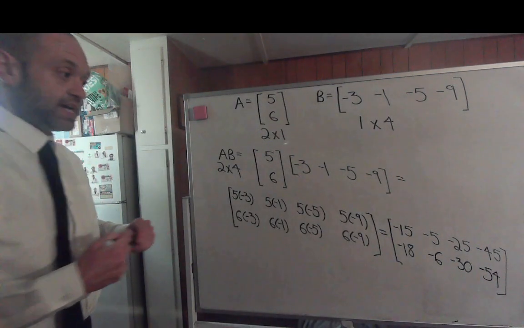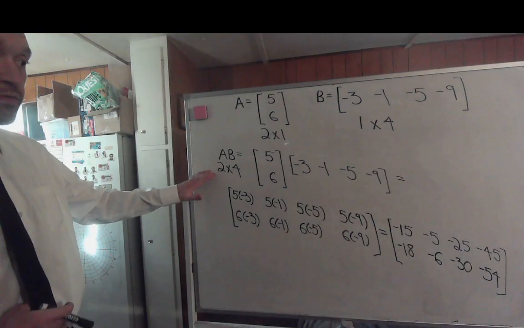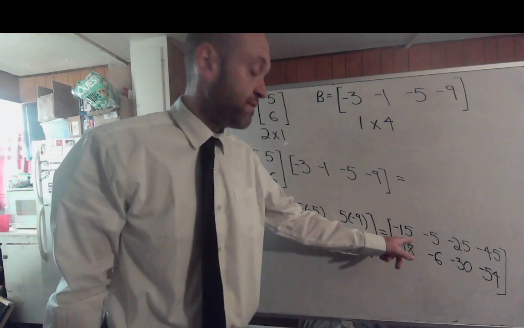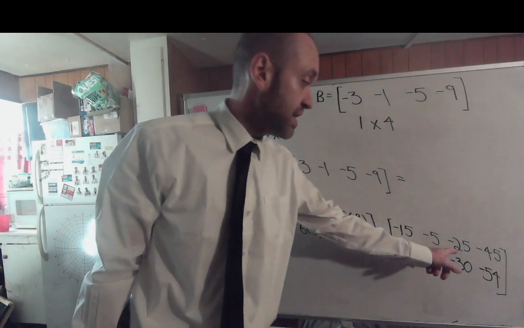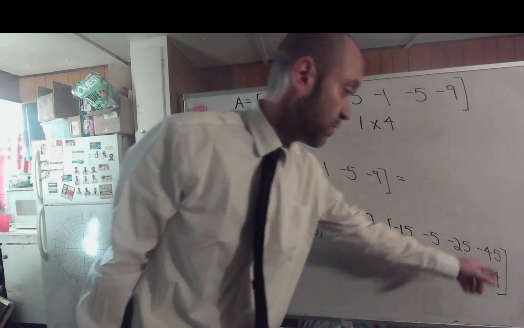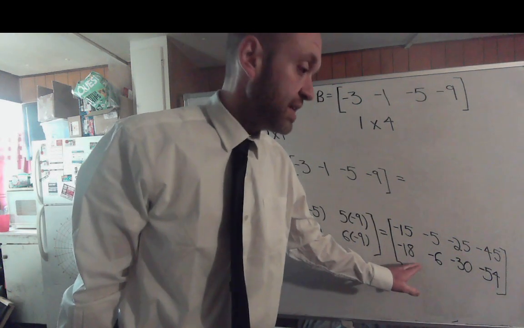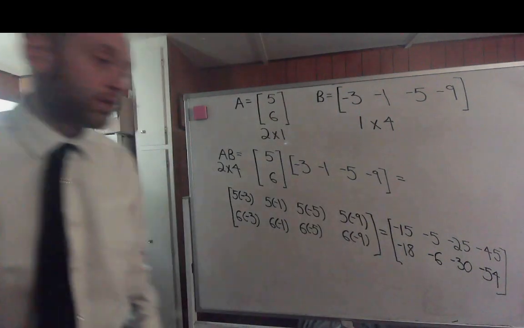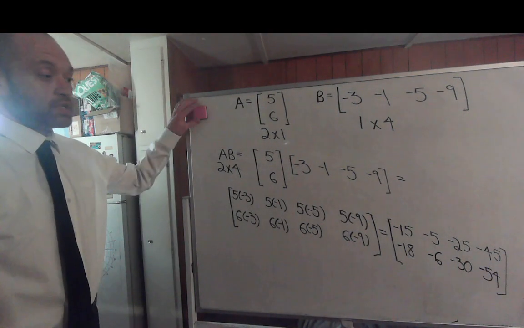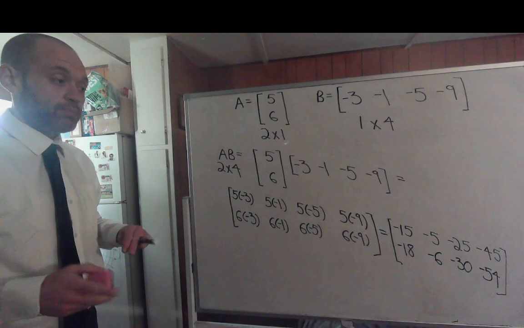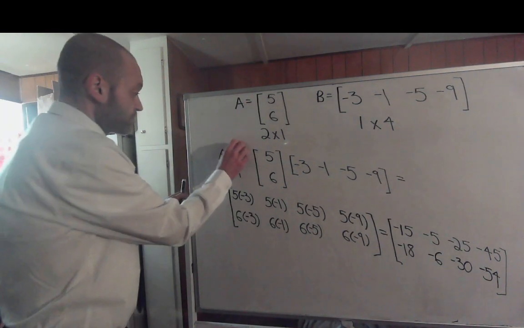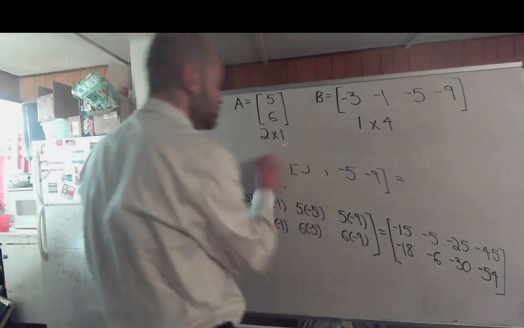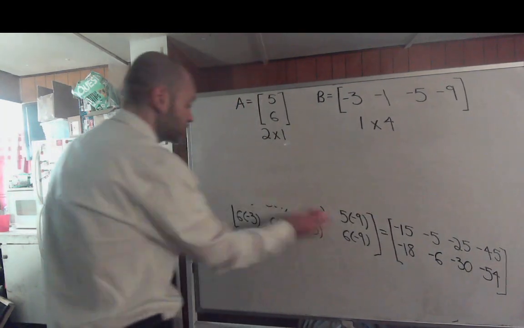So matrix AB is in fact a 2 by 4 matrix with entries -15, -5, -25, -45, -18, -6, -30, -54. So that's matrix AB. Now, of course, we need to determine, can we do BA, and then can we do A squared?